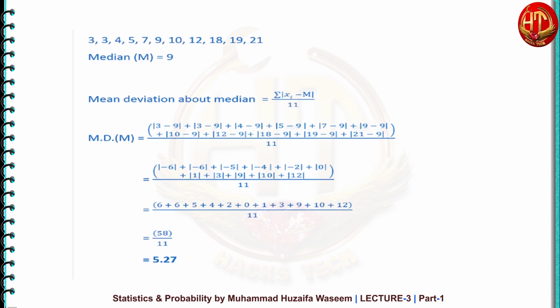You know that xi is your observation and m is your median value. So first you have to make a column for absolute deviation about the median: subtract the median from each value and then take the absolute value, and then take the summation of this column, which is equal to 58. Then divide it by the total number of observations, which is 11. Then your answer is 5.27.